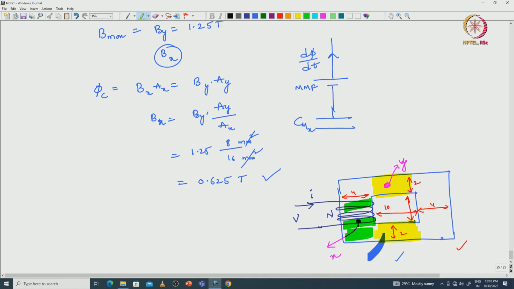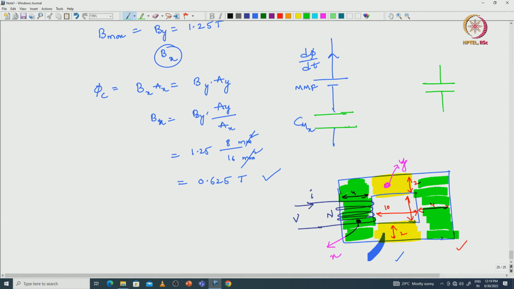This region, and this side is also an x region. So, that capacitance will be Cmx. Next, another capacitance is there at the x region.